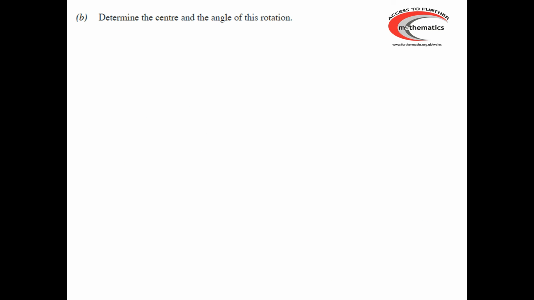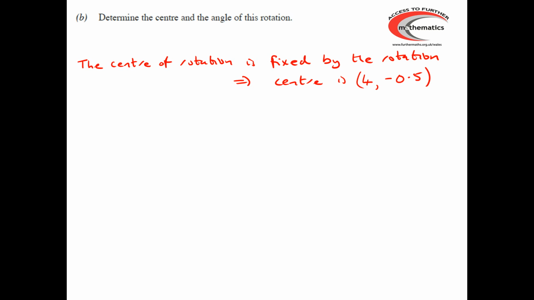We've now got to determine the centre and the angle for this rotation. Well, if we perform a rotation, the only point that stays fixed under a rotation is the centre point. So the centre point is going to be the fixed point that we've just found, which is (4, minus 0.5).